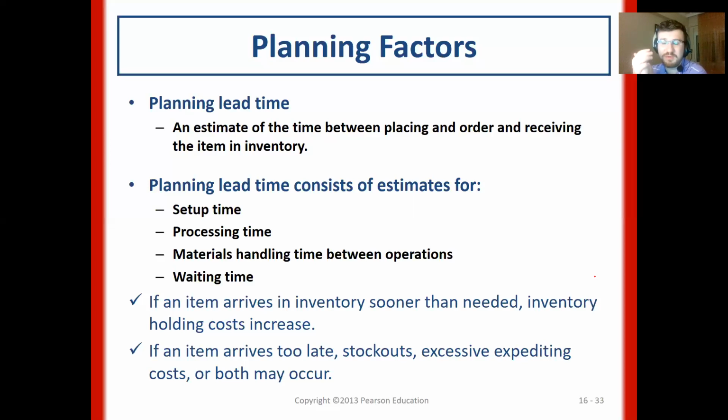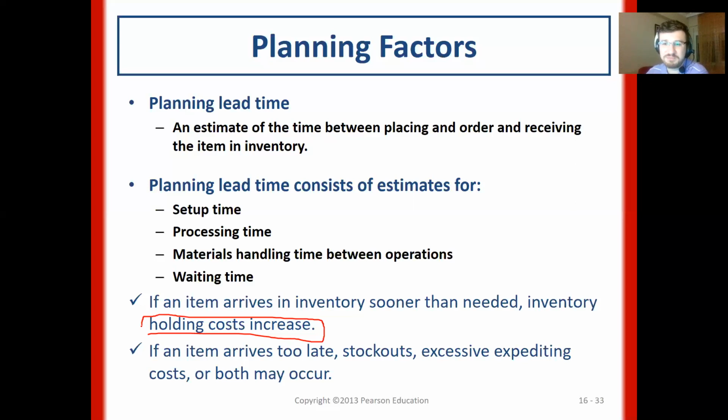And if you come up with inaccurate lead times, then it may cause some issues, such as if an item arrives in your inventory earlier than needed, then inventory holding costs increase. We may not even have enough space to keep those work in process in the workplace.